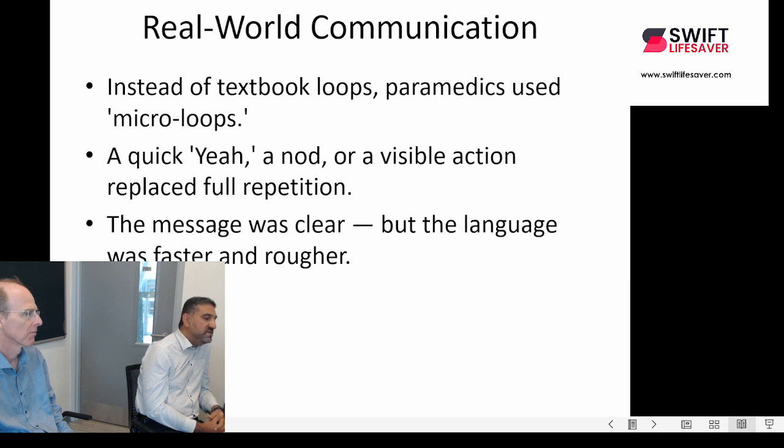And by micro loops, they mean they used a quick yes, yeah, a nod, or a visible action that replaced the full repetition of the word. So it was not verbal, but it was a kind of visual clue to the sender of the message. So the message was not reiterated verbally, but it was closed somehow by gestures, by a quick yes or yeah or nodding and visual clues.